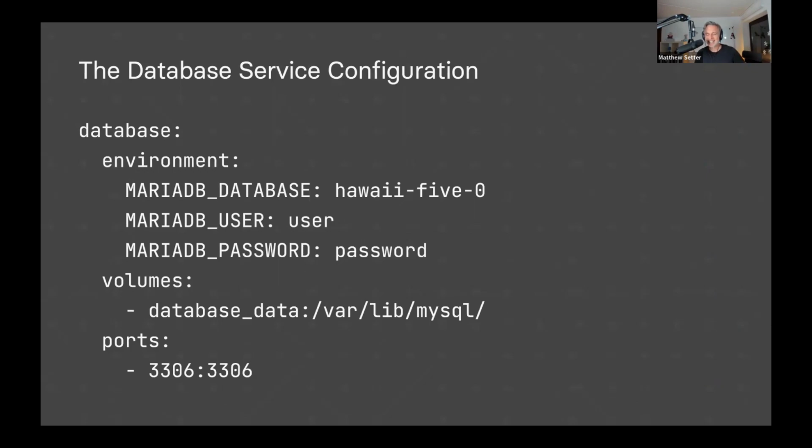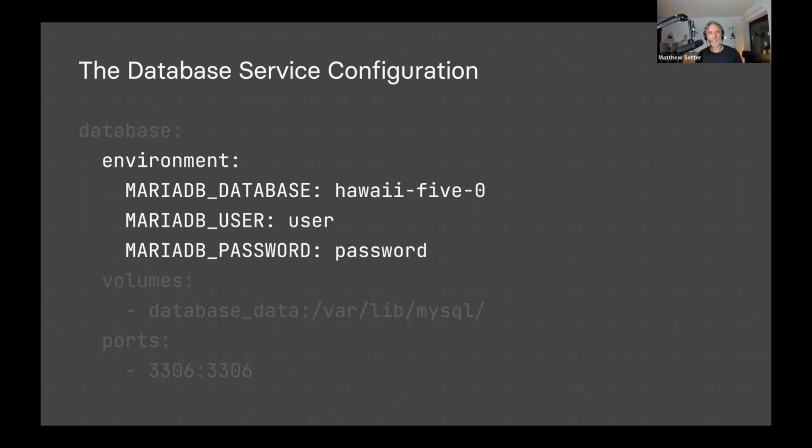Finally, let's look at the changes for the database service. First up, this time it sets the environment option. In here, we can pass environment variables to the container that are relevant for it to run. In this case, we're setting three. These are for the database user's username and password, and the database name.